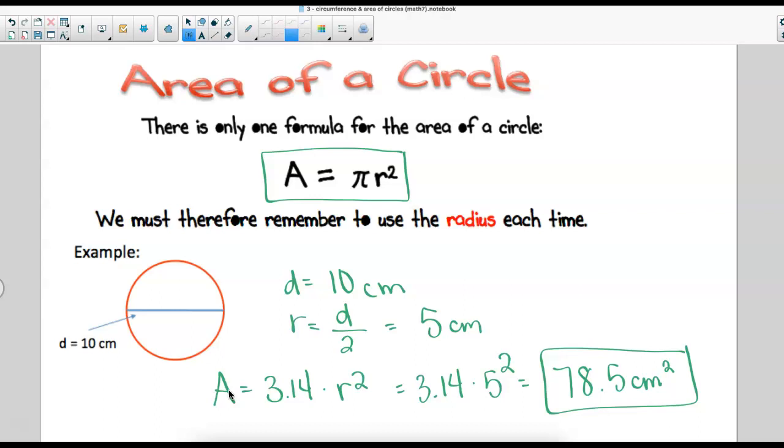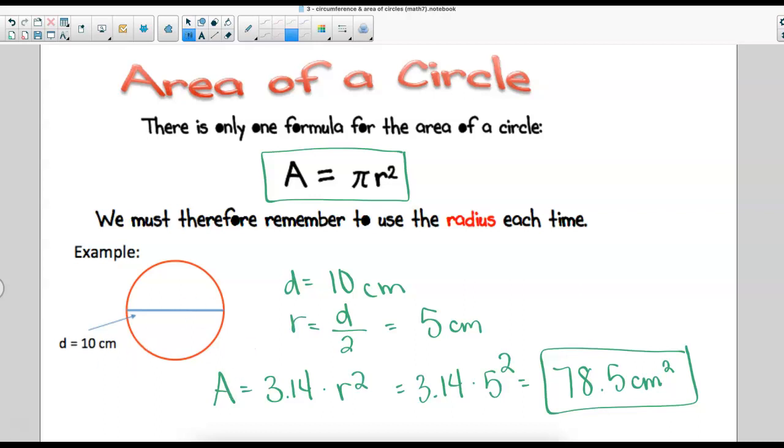Or you just do 5 times 5 times 3.14. Hit the button. 5, x squared. No, that's not squared, right there. There we go. No other buttons. I didn't tell you to press any other buttons. Just that one button.